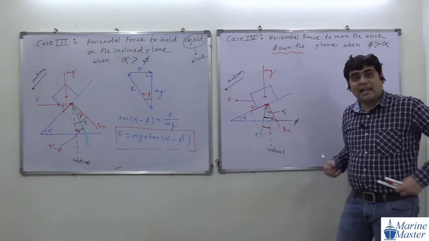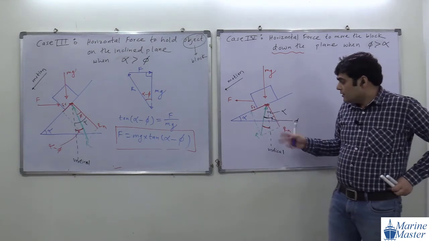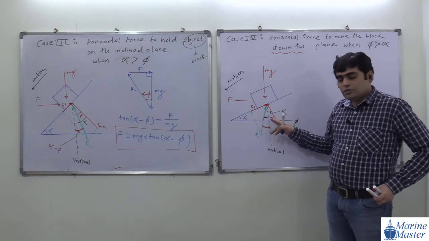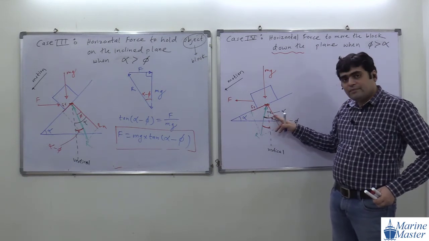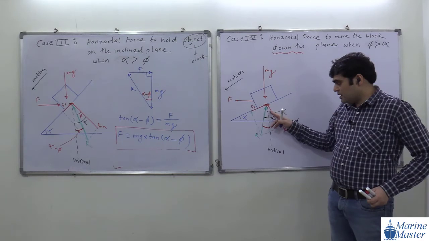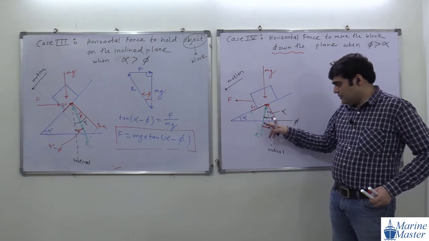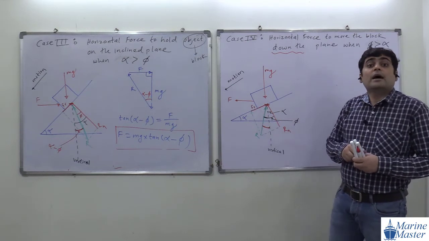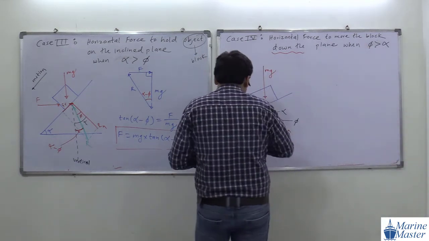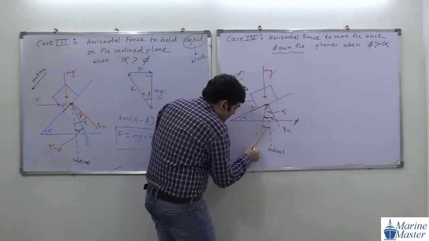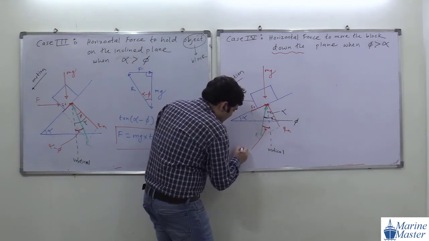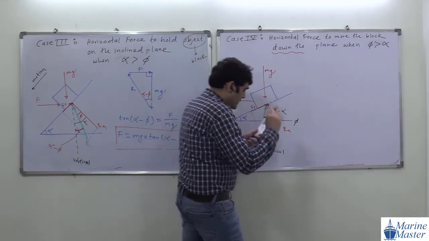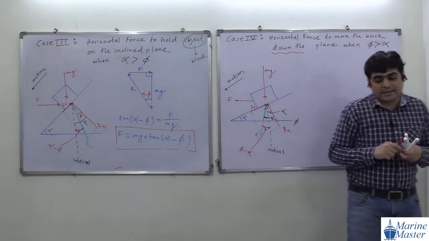See, phi is higher here. Phi value is higher, so complete is phi, and this is alpha. So this angle will be phi minus alpha. Very good.